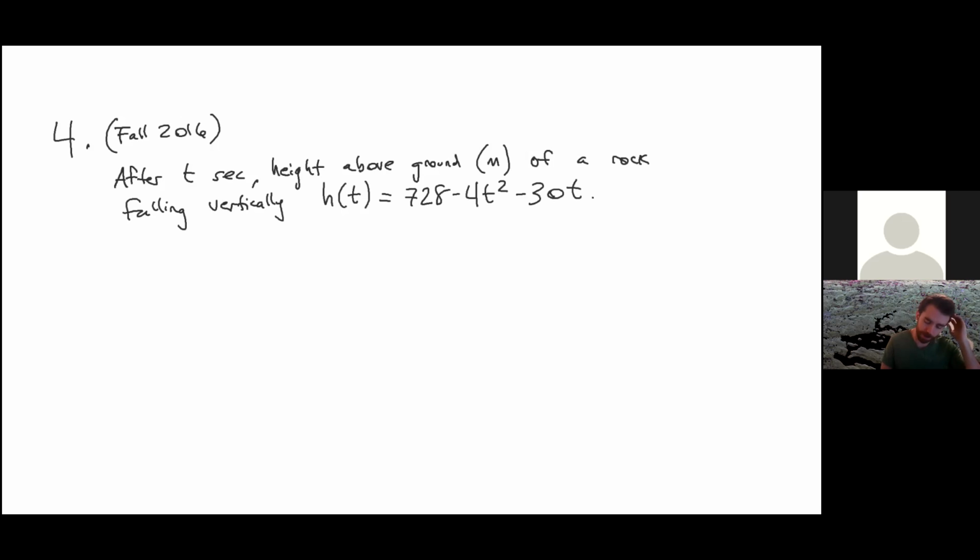It lands on top of a building after 10 seconds. So instead of saying after 10 seconds, I'll say at t equals 10. Okay, part A asks, what was the velocity of the rock after t seconds?